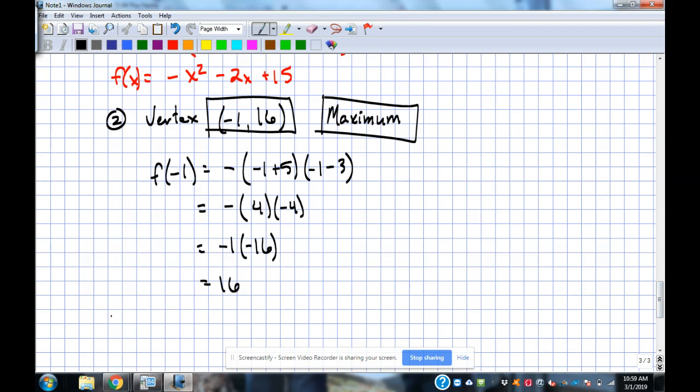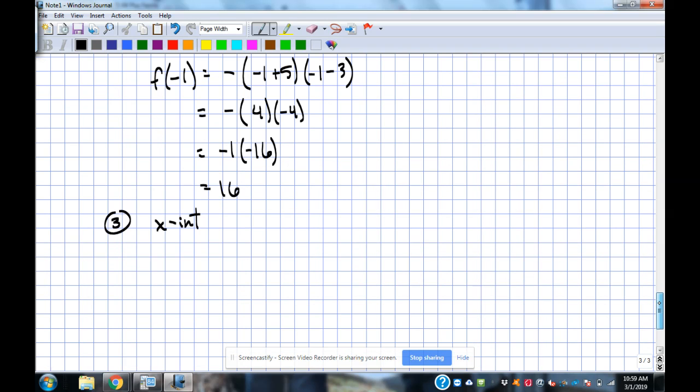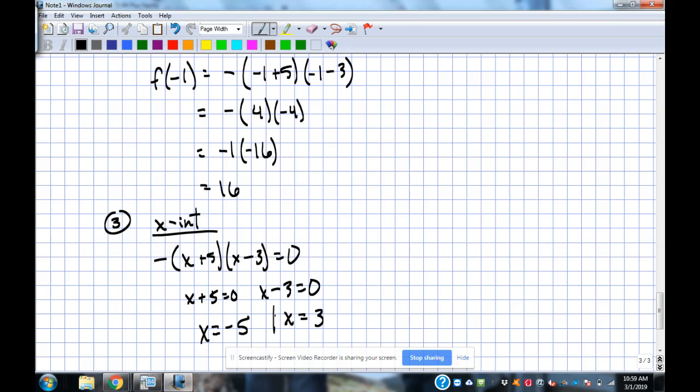The X-intercepts, this is the short part of this particular problem. To find the X-intercepts, we take the problem, negative, and then x plus 5, x minus 3. Set it equal to 0. So we end up with x plus 5 equal to 0 and x minus 3 equal to 0. -5 and 3. -5, 0. 3, 0.